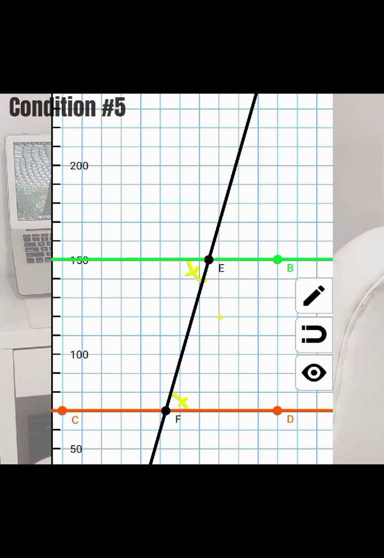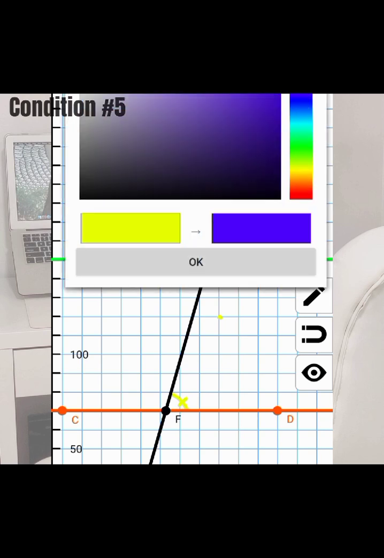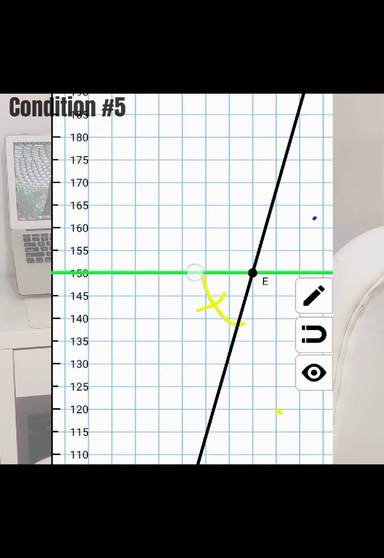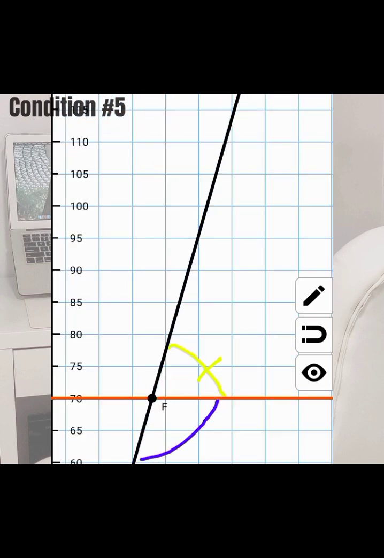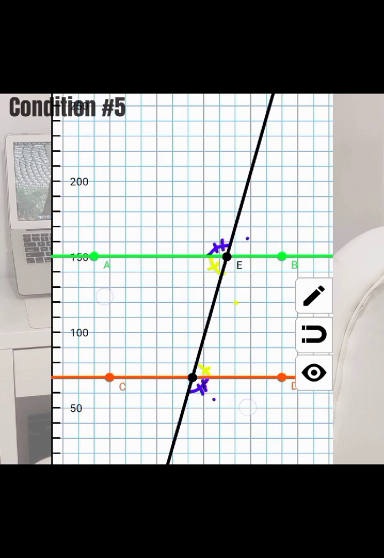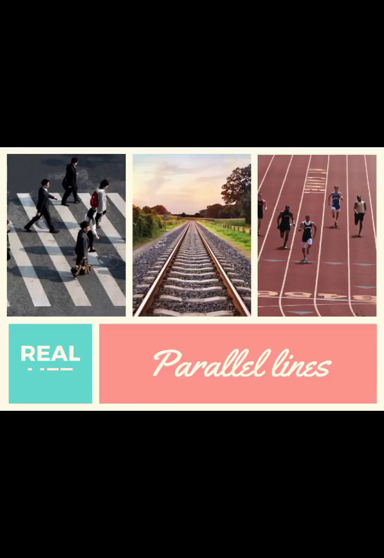And the other interior angles, they are also congruent. That's correct. Given the 5 conditions, let us now see the application of parallel lines in real life.